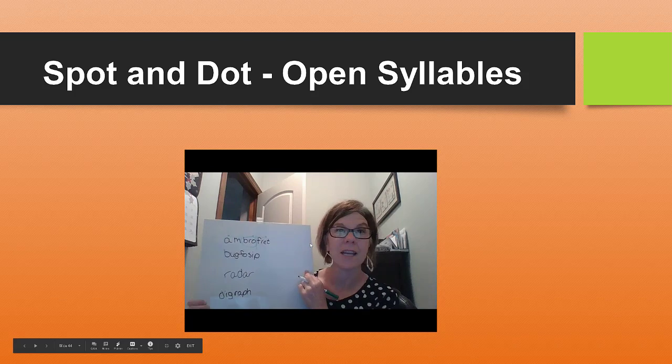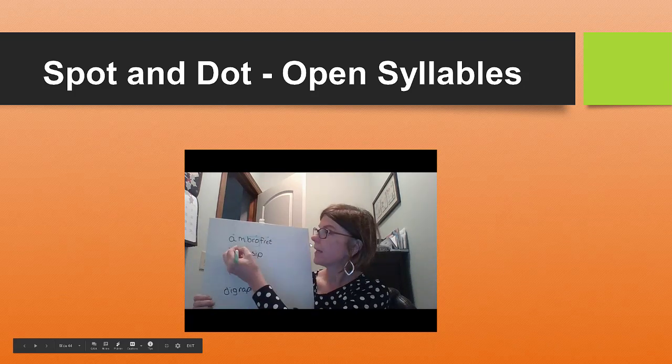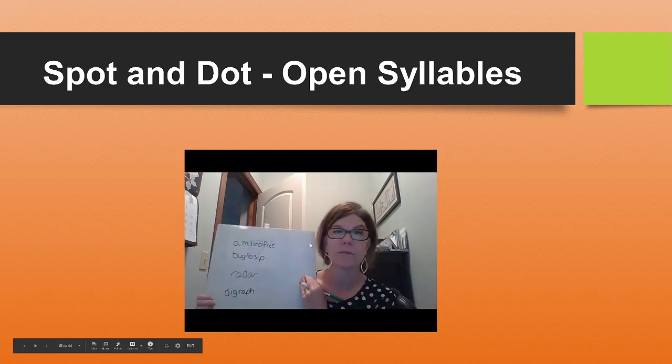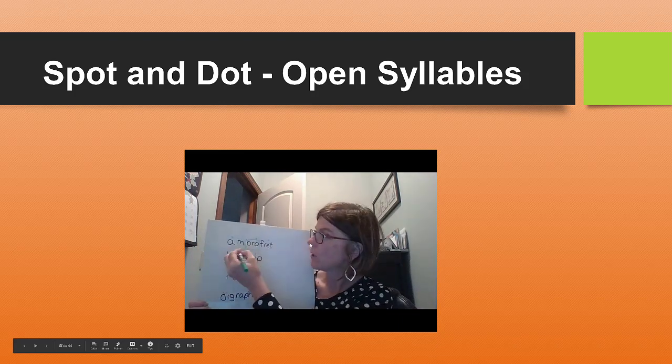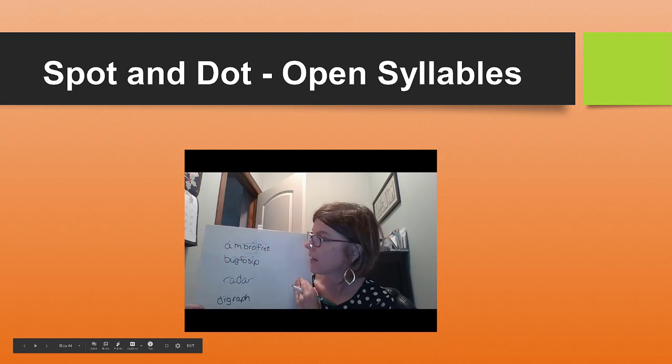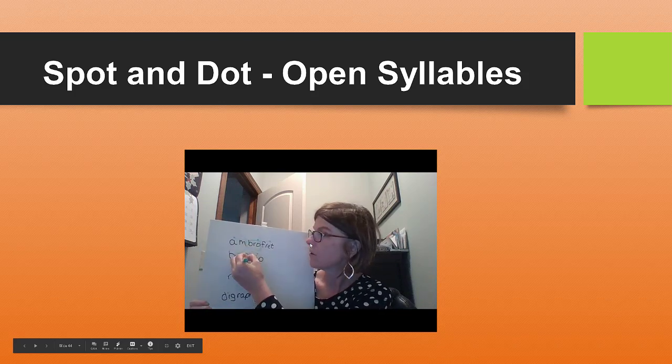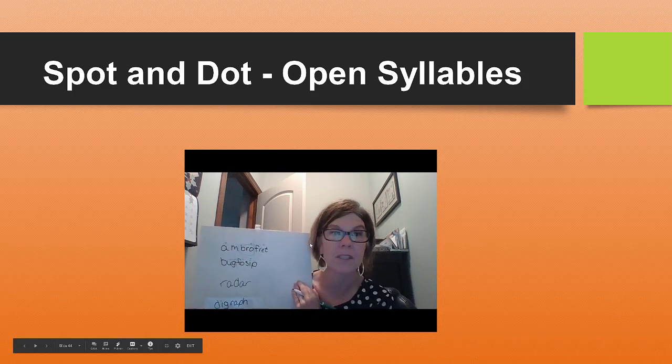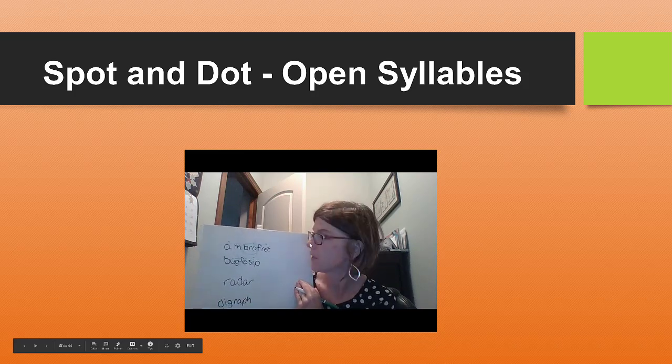So let's look down at this next nonsense word. Again, I'm going to spot my vowels. I'm going to draw a line from my U to my O. Where would I divide that? I don't have G and F together in the English language. So I'm going to divide there. So my first syllable is bug, and it is a closed syllable.